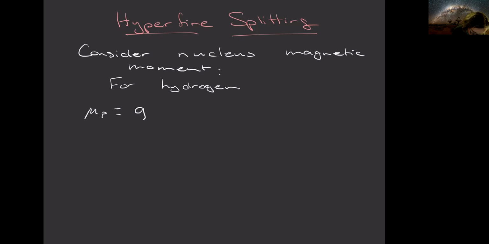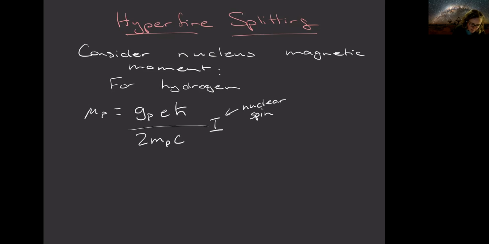And that is given very similarly to the magnetic moment of the electron. It's given by a Landé g factor, which is the proton Landé g factor, times e times h bar, over 2 times the mass of the proton, times the speed of light, times I, which is the nuclear spin. And that's equal to 1/2 for a proton, just like it is for an electron.